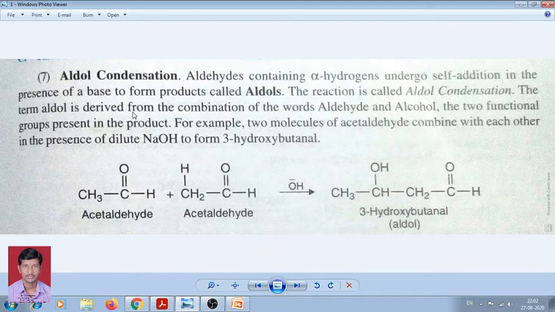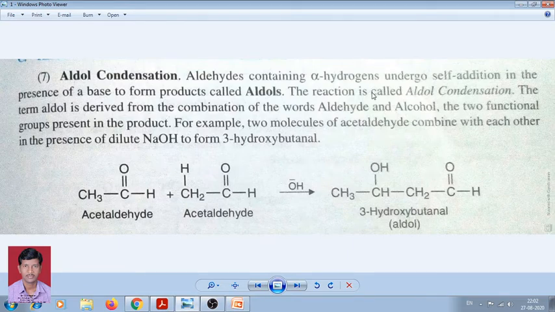Then what is the aldol condensation reaction? Aldol condensation reaction is the self-addition of aldehydes containing alpha hydrogen atoms in the presence of base to form the product, that is aldol.